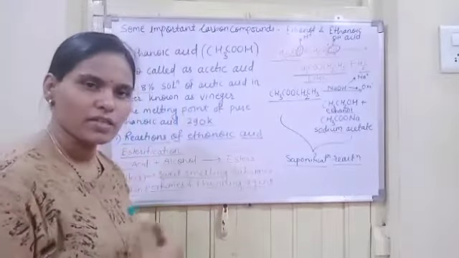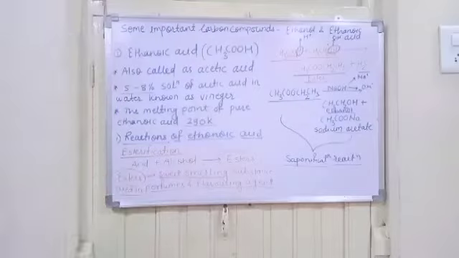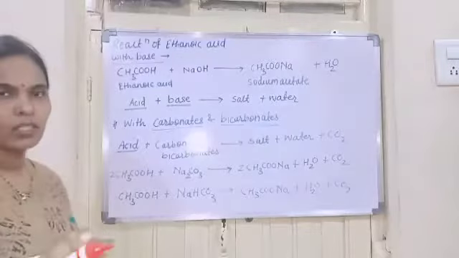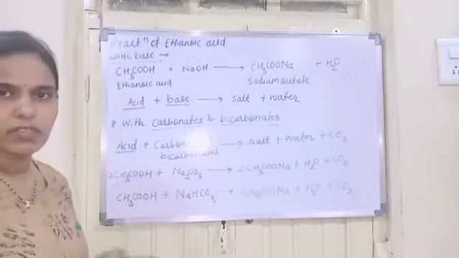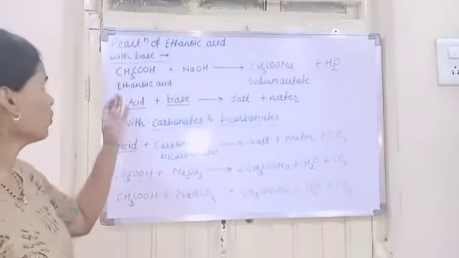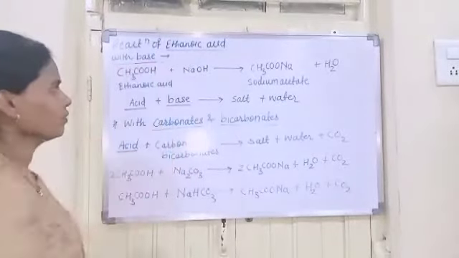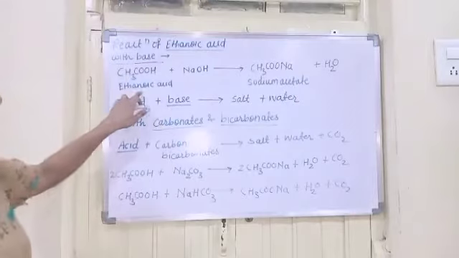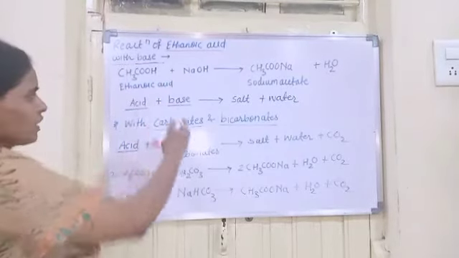Okay, now let us take two more reactions as well. Now look at the set of reactions. Reaction of ethanoic acid with base. This is the continuation of the previous topic. Here this is ethanoic acid and this is a strong base, that is sodium hydroxide. Look at this general reaction.